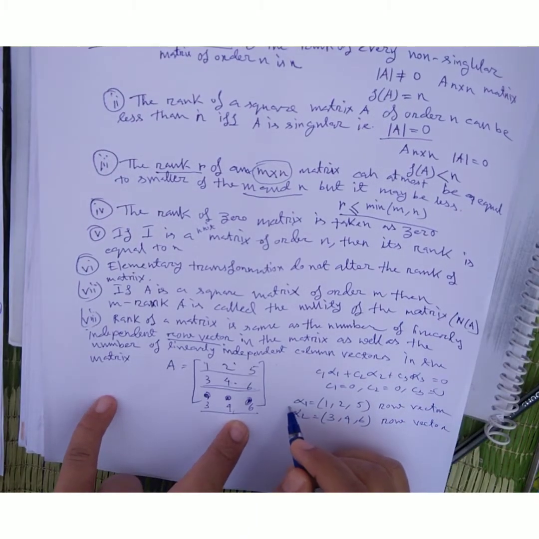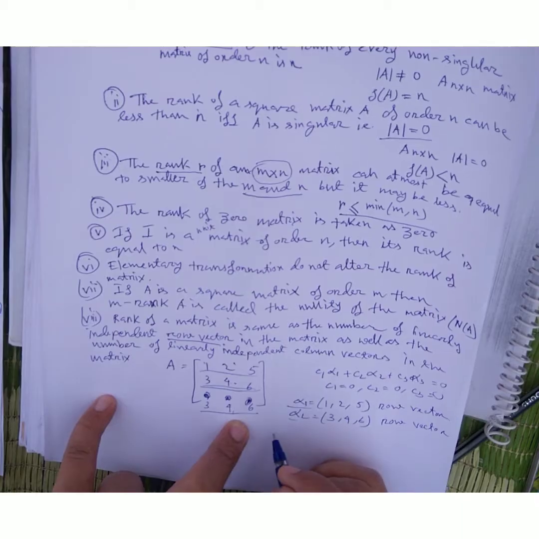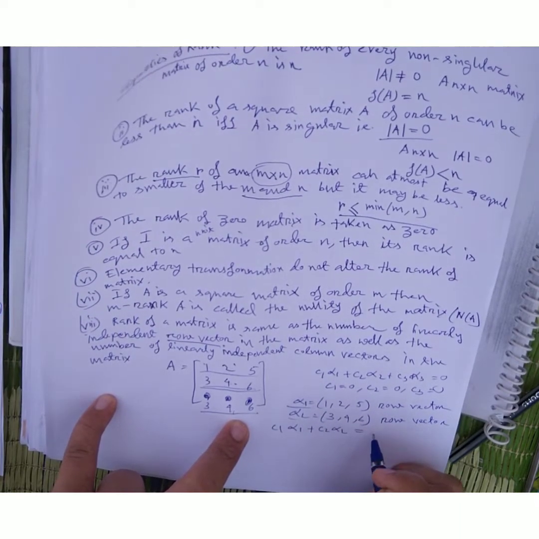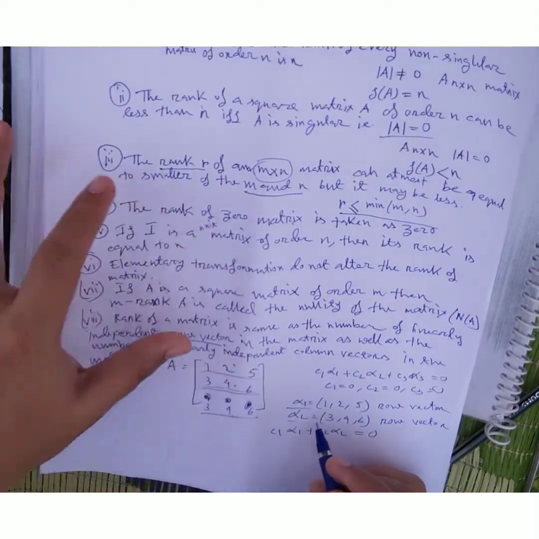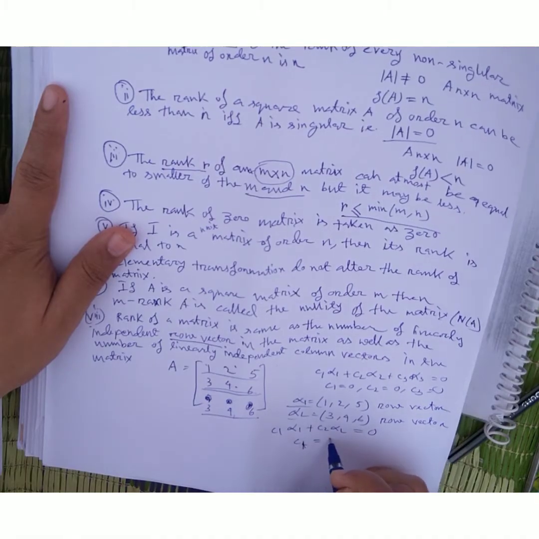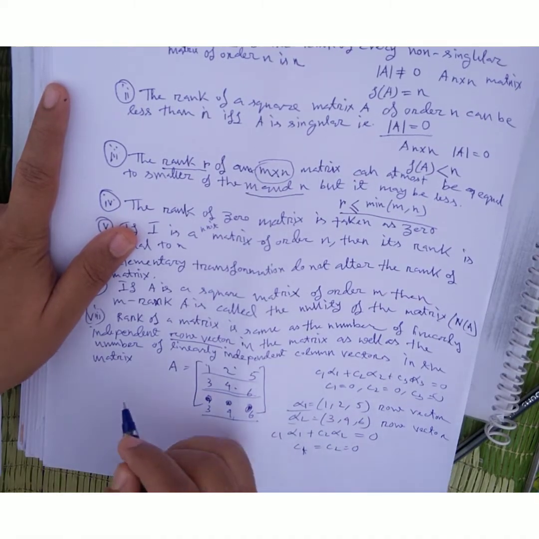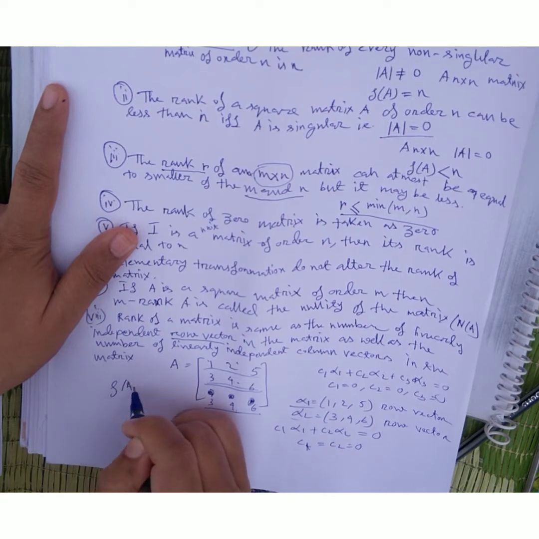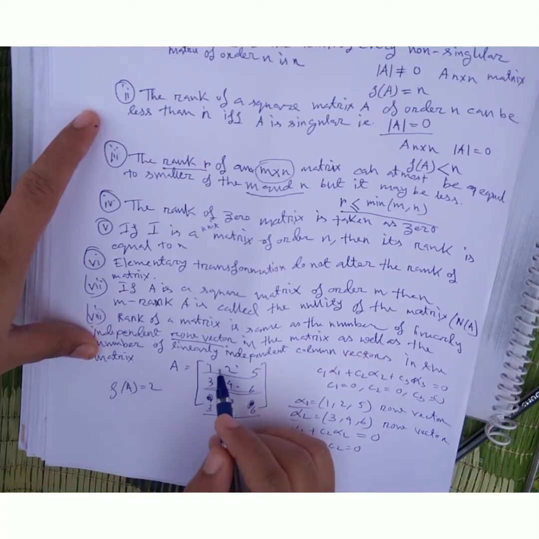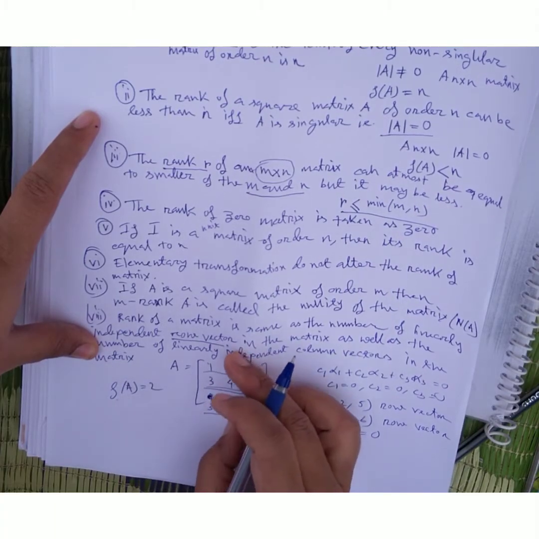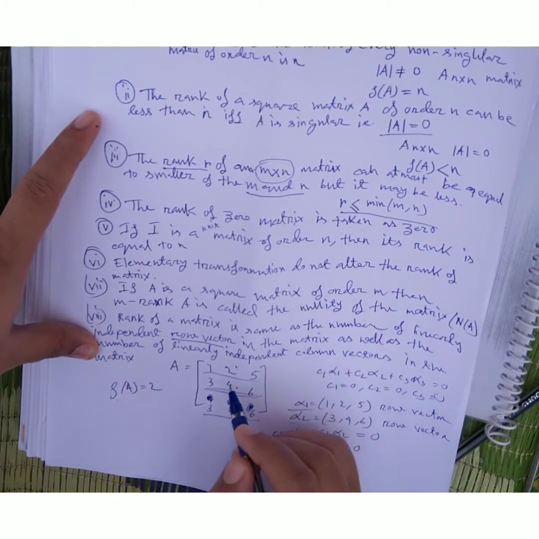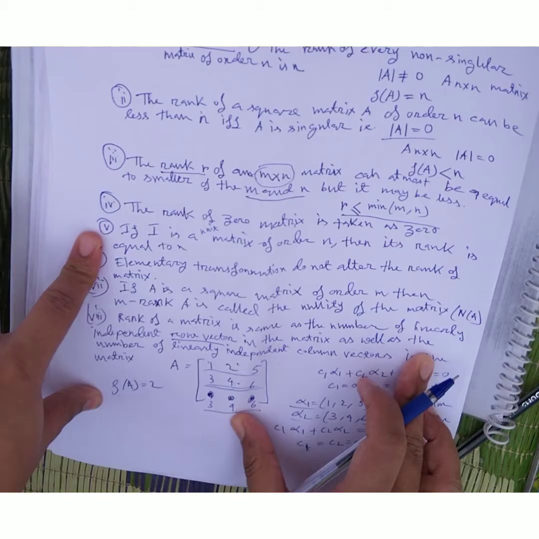Now you can get a relationship such that C1 alpha 1 plus C2 alpha 2 is equal to 0. Then you can easily show that C1 and C2 are equal to 0. Then the rank of A is equal to 2. Another example is the column vectors, and if you look at the column vectors, in the same way there are also two linearly independent column vectors.